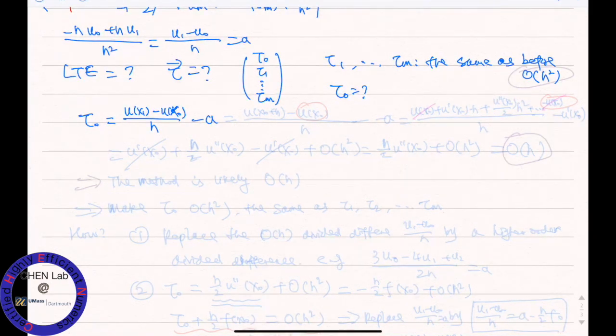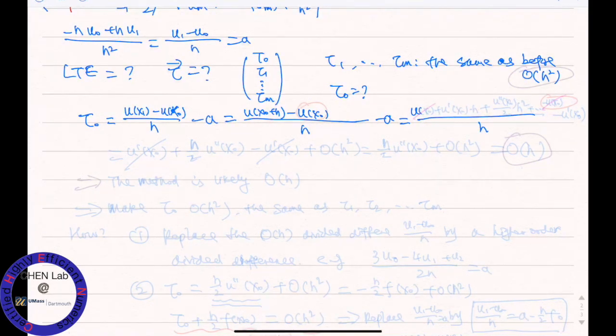And that's easy to see, and we do the same Taylor expansion. Here is u at x0 plus h, minus u at x0, minus a, all divided by h.